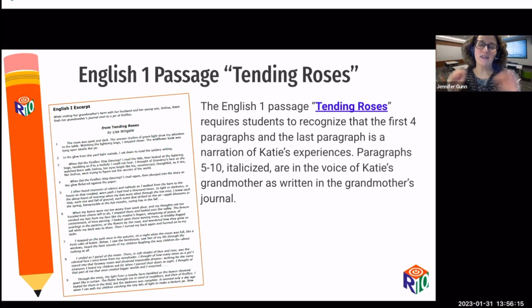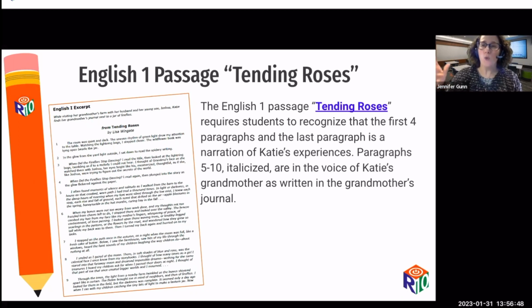I'm going to provide a little bit of context here so that if you're listening straight through, you'll be able to know the reading demands. So this English 1 passage does require a little more inferencing than that fifth grade passage, Steam and Sail. The first 4 paragraphs and the last paragraph of Tending Roses are focused on the narration of Katie's experience.